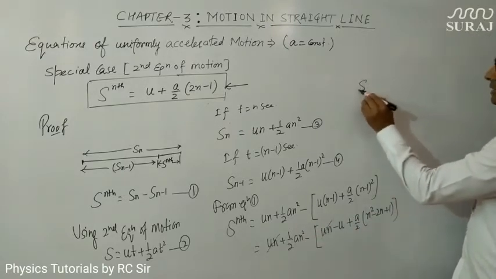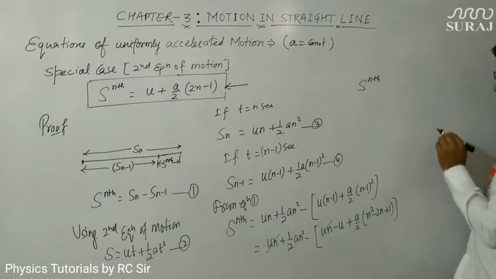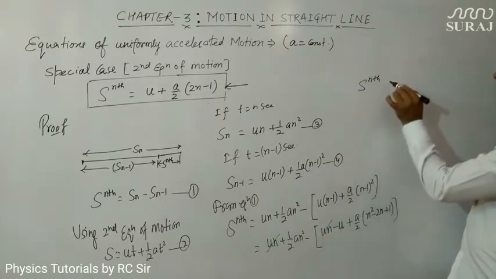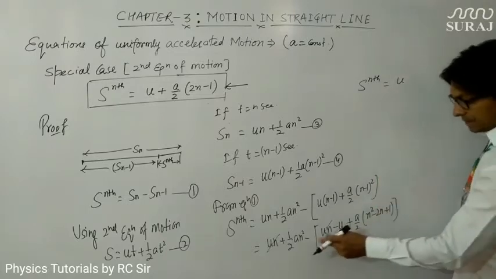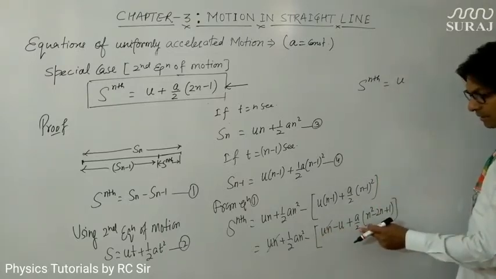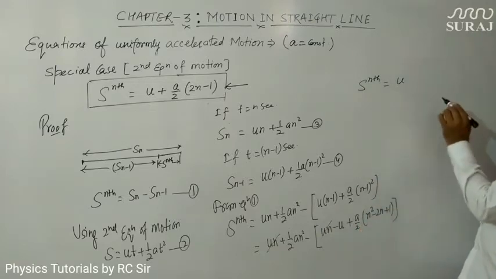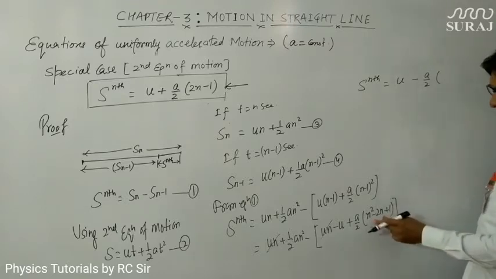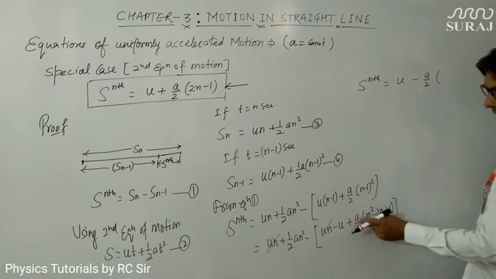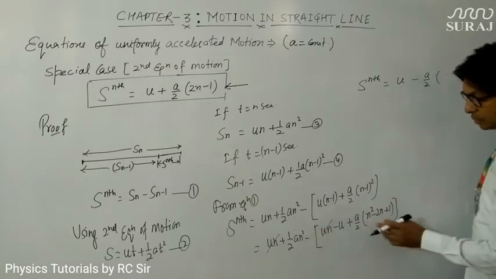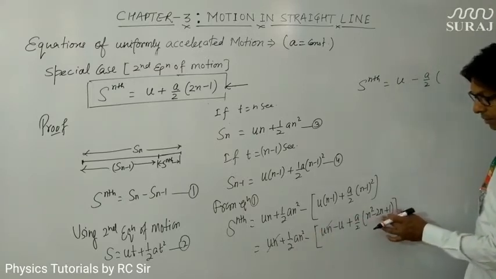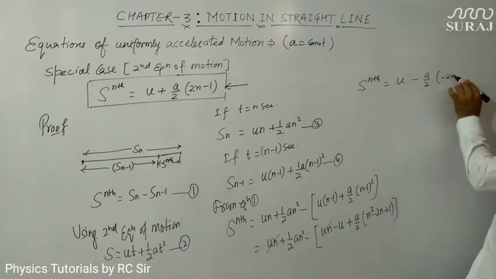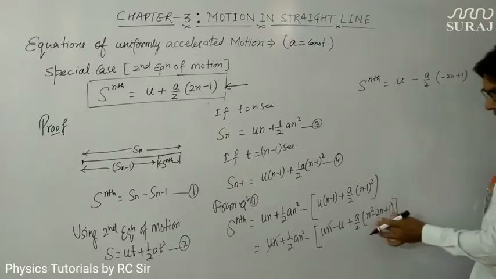We can write Snth is equal to, minus and minus becomes plus, so it will be u, and this minus multiplies here, so it becomes minus a by 2 times minus 2n plus 1, the remaining term.